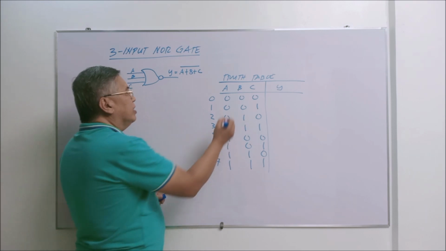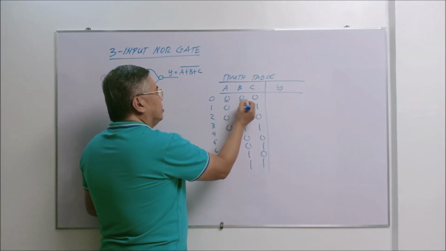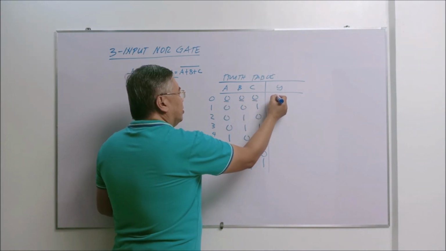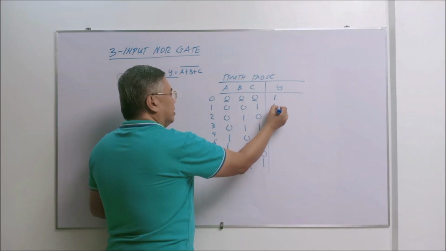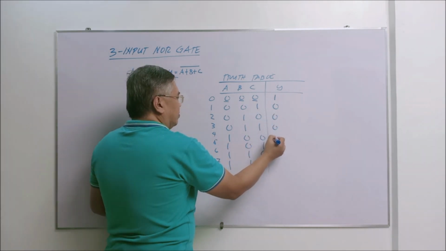So only this condition here, 0, 0, 0, gives an output of 1, and the rest is 0.